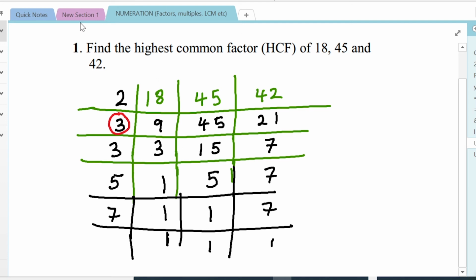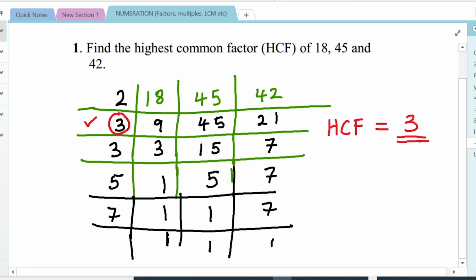From here, we now find the highest common factor. The highest common factor is the number that was able to divide through everything, which is 3. Of course, if there are multiple such numbers, you multiply them. So here the answer is 3. Then what about our LCM? For the LCM, we multiply everything here.